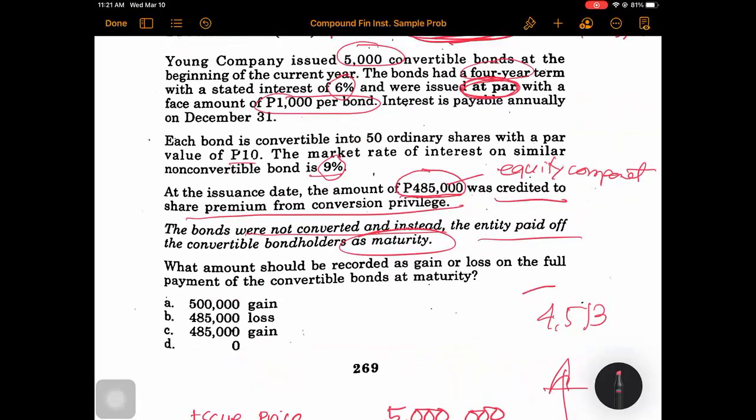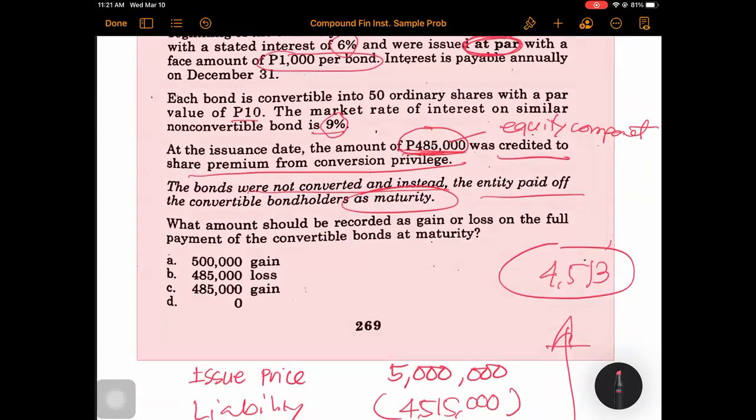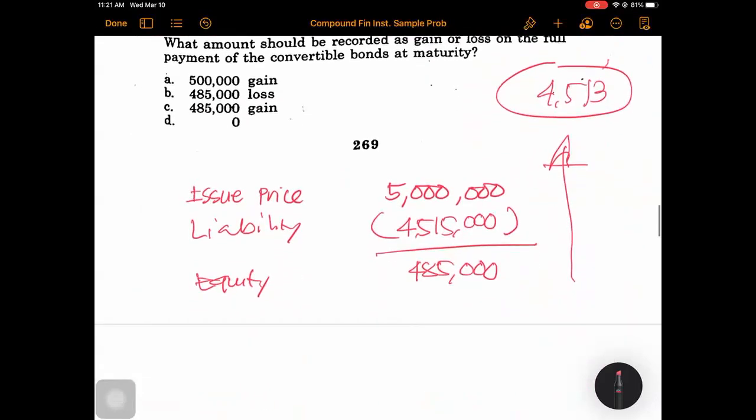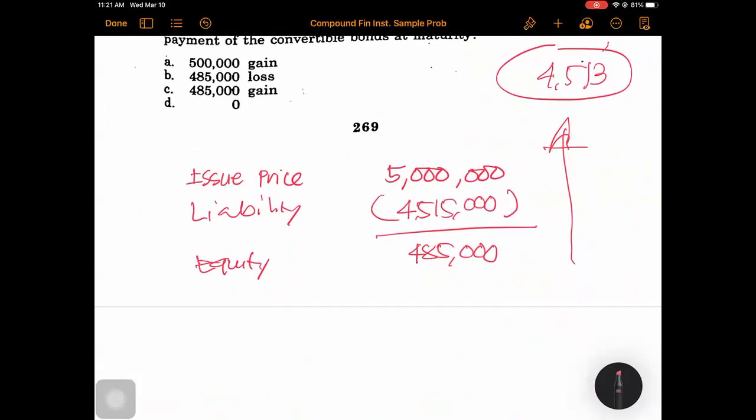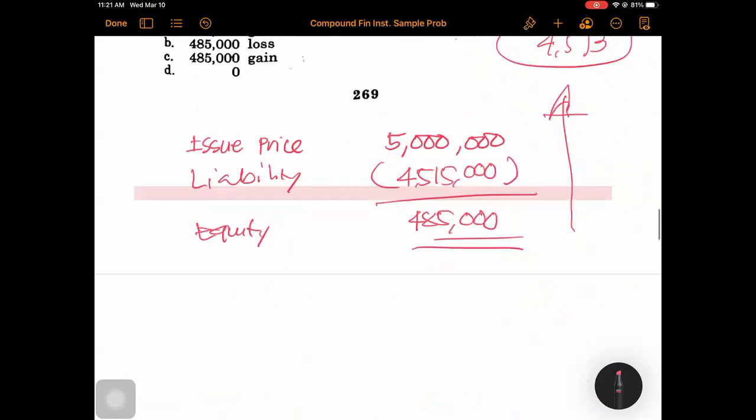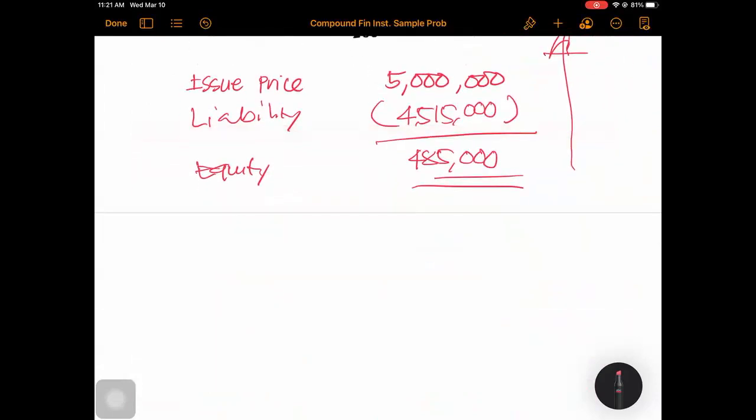Kaysa effort mag-compute og PV of 1, PV of ordinary annuity of 1. Okay, actually it's good if nag-compute mo, at least ma-compare. But since gihatag na ning 485, there is no need to compute the PV. So automatic, the liability component is 4,515,000.